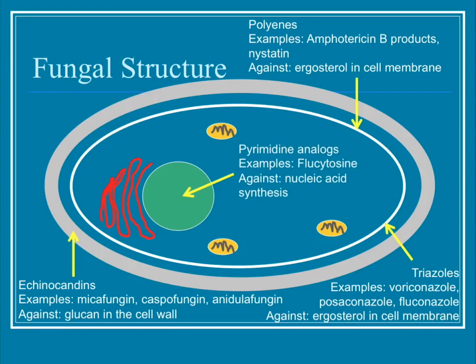And then in the center you have pyrimidine analogs, mainly flucytosine, against nucleic acid synthesis. Like for cryptococcal meningitis, we often use ampho plus flucytosine, especially in the beginning, again going after two different sites of action.